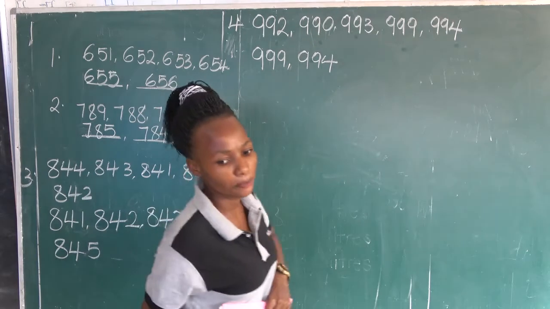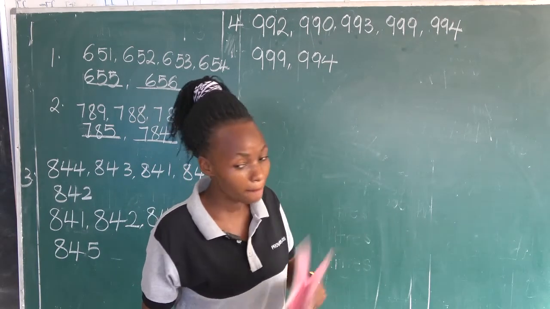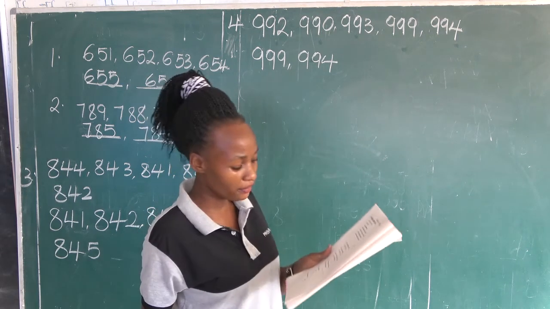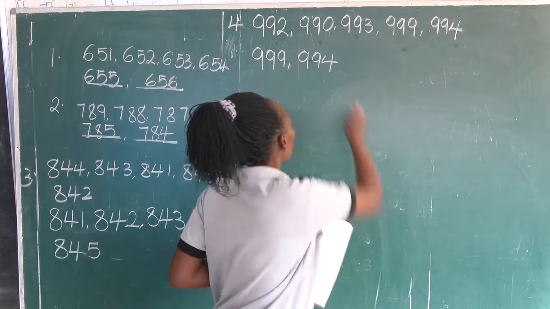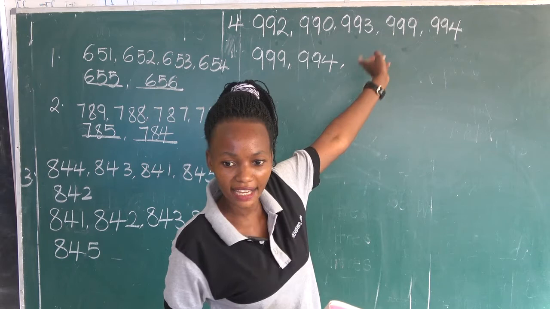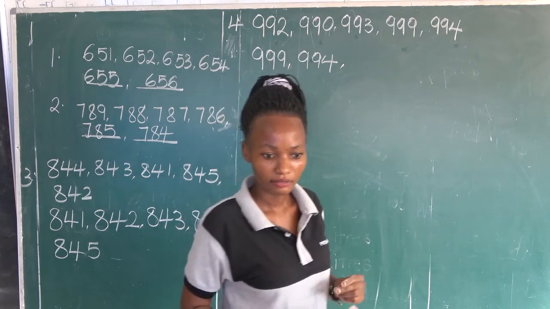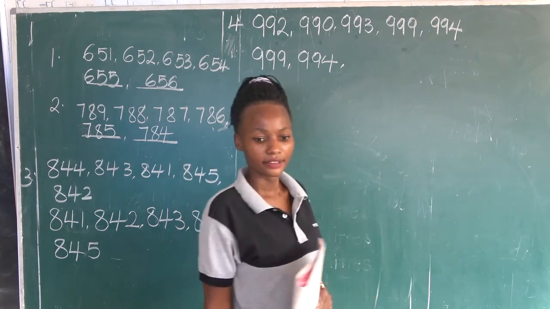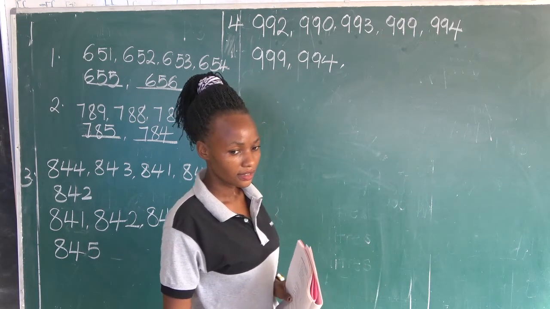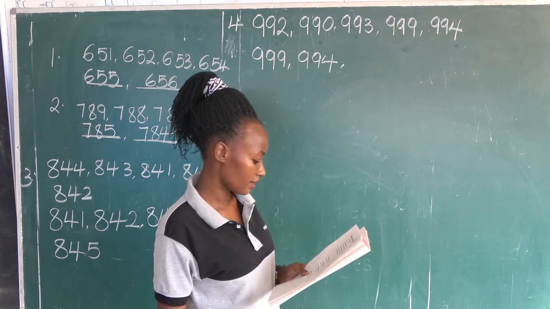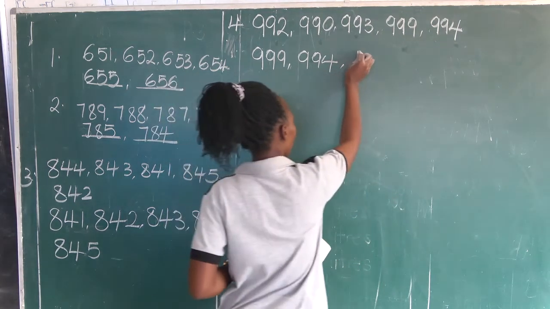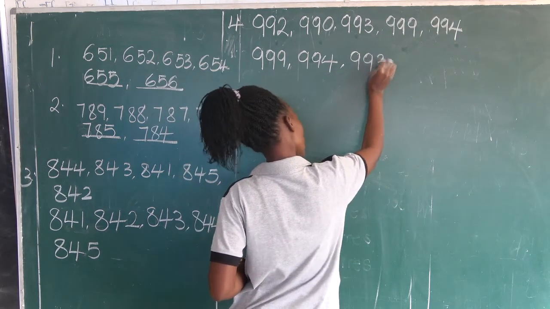Sean, have you reached page 46? Number 4. Page 46. Number 4. That's where we are. Alright. Who can tell me the next number? After this, which number will be the next one? Kiara? Yes, Kiara? 993. Okay?